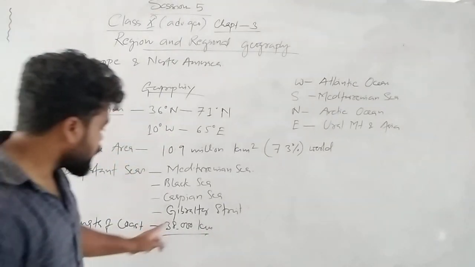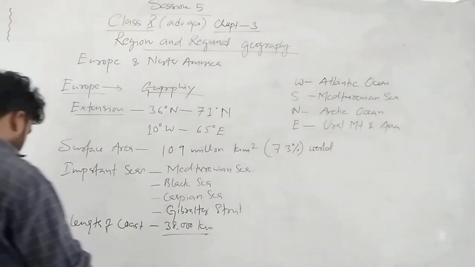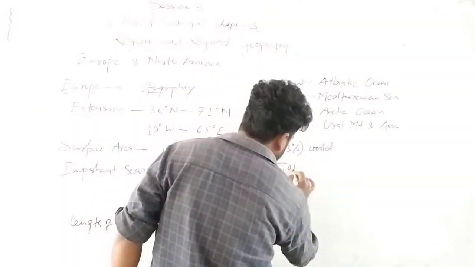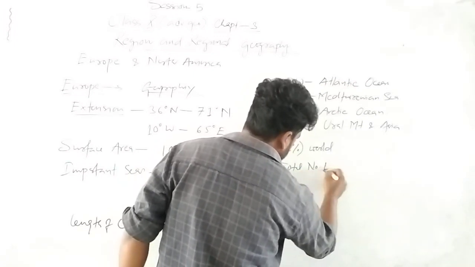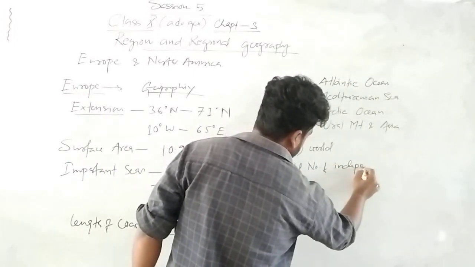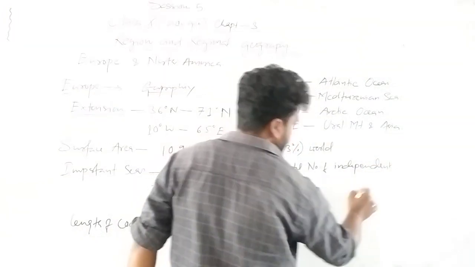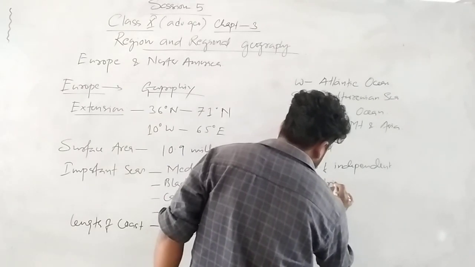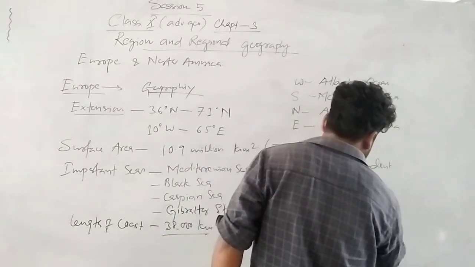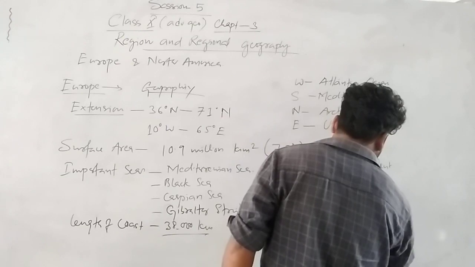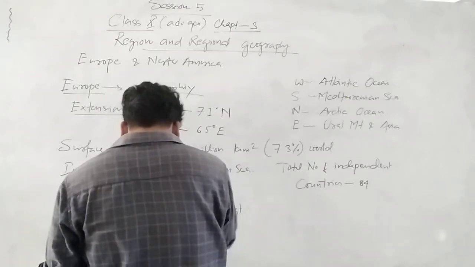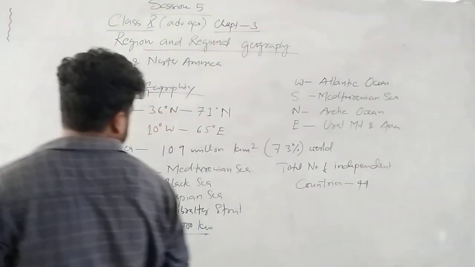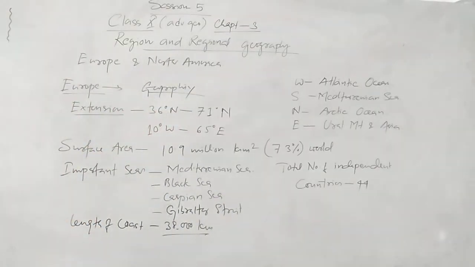And the total number of independent countries is 44.